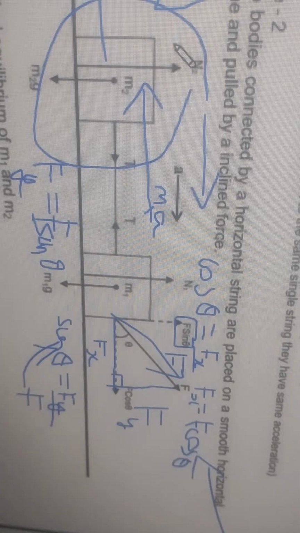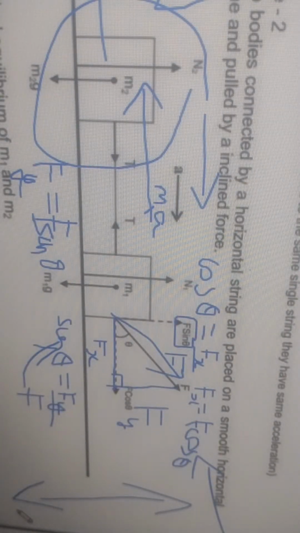The equation formed here: for the vertical side we are considering the vertical direction. So there are two things we have to concentrate on. In the vertical direction, one is the F sin theta.